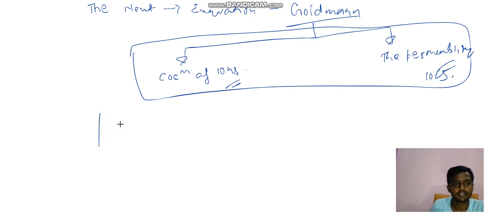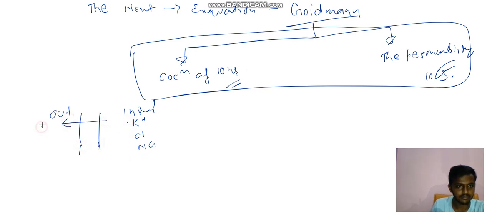Just say this is the outside, here is the inside. Inside, potassium is there, chlorine is there, sodium is there. So these three charges can go to and fro easily.